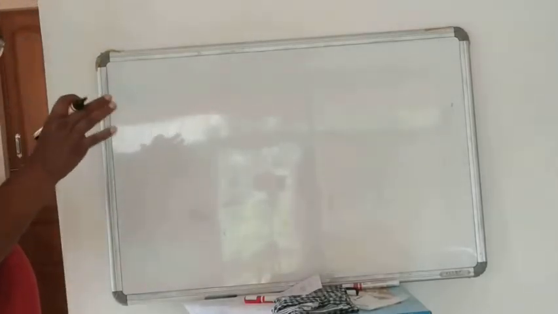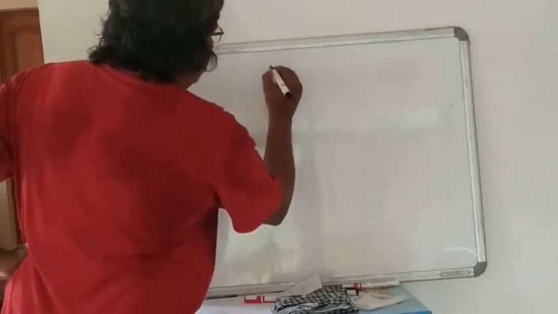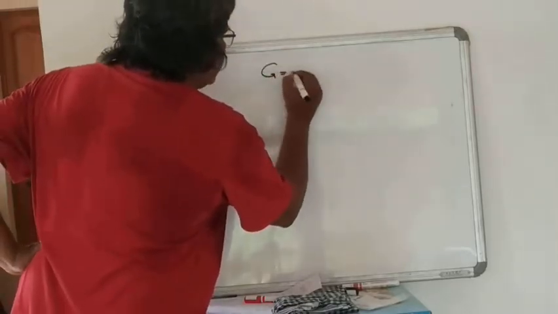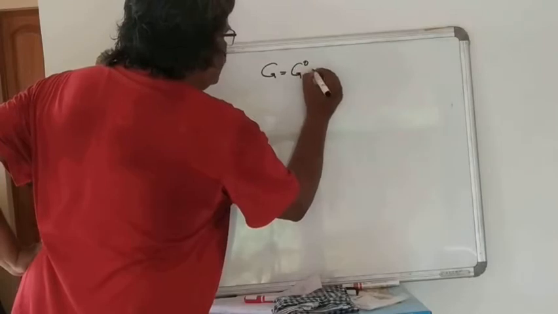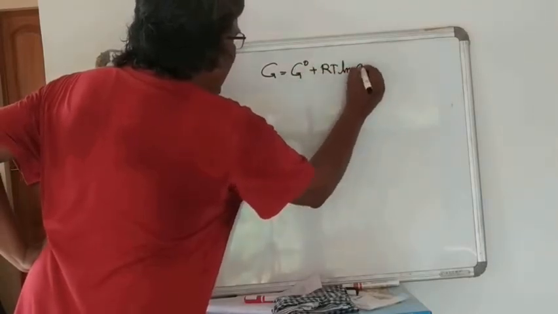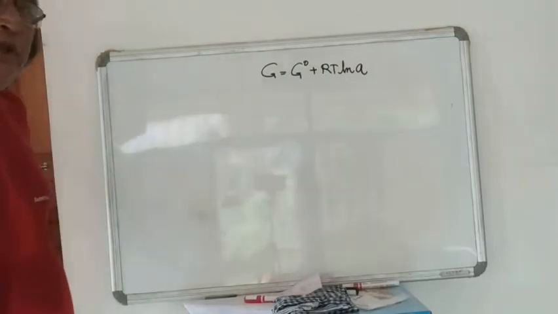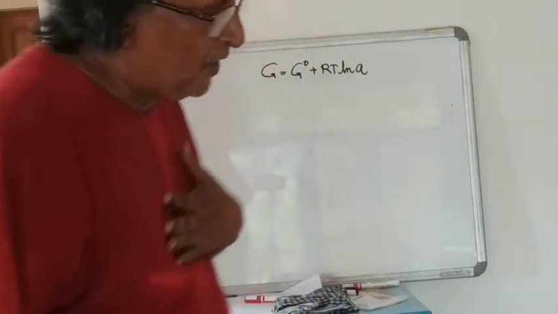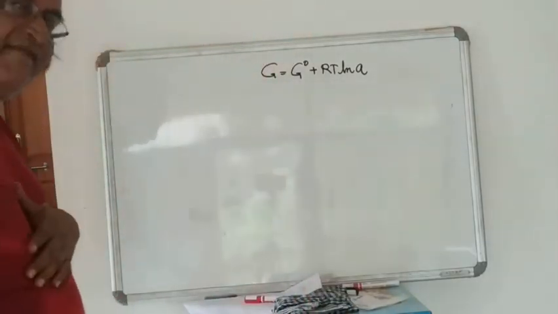You must have heard or read, I'm sure, of an equation which says G is equal to G0 plus RT ln activity. I'm sure you know it. But I think I should clarify a little bit.